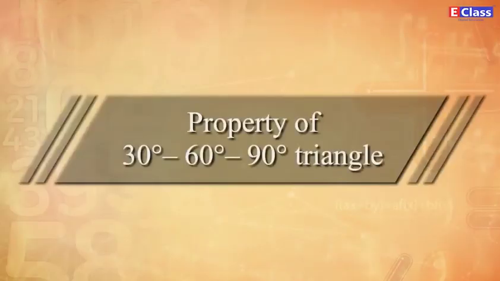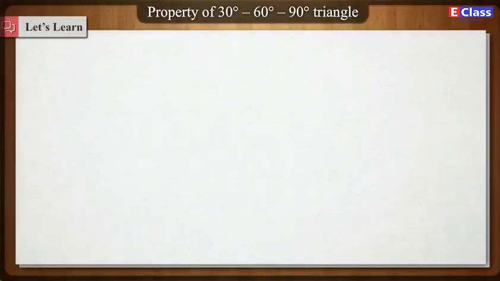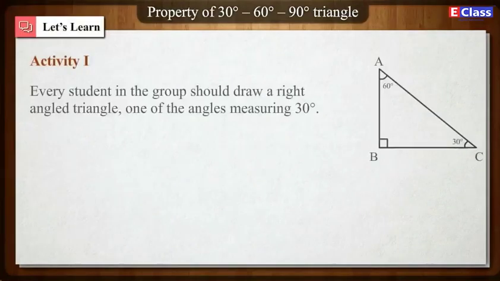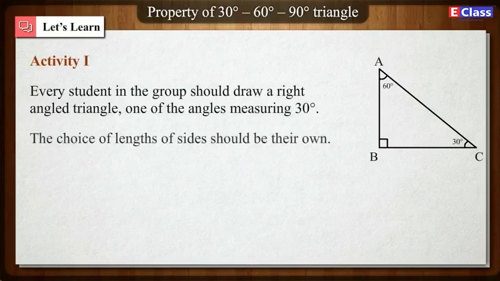Property of 30°, 60°, 90° triangle. Let's learn. Activity 1. Every student in the group should draw a right-angled triangle, one of the angles measuring 30 degrees. The choice of lengths of sides should be their own.